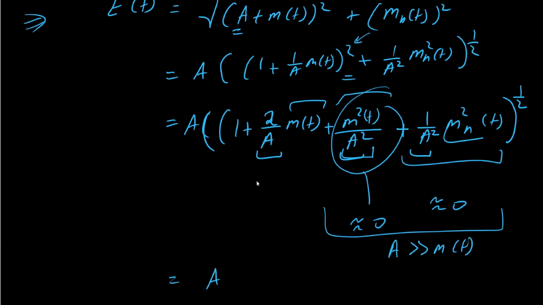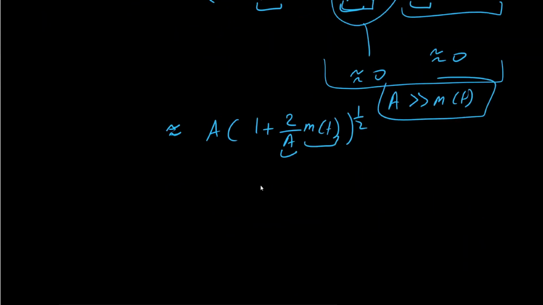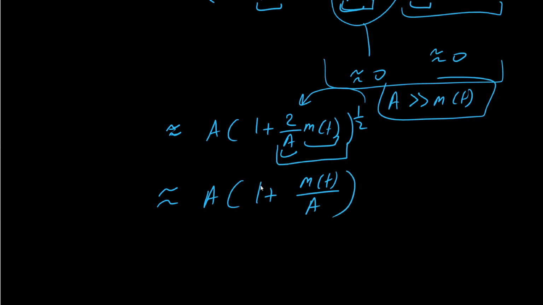So in the fourth equality, we have 1 plus 2 by A m of t, to the power 1 by 2. Now, based on this approximation, the fourth is not an equality but an approximation. Again, this A is much greater than m of t. So based on the Taylor series, we can bring this inward, and we would have A times 1 plus m of t by A, if this is less than 1, so we can bring the power inward, right?